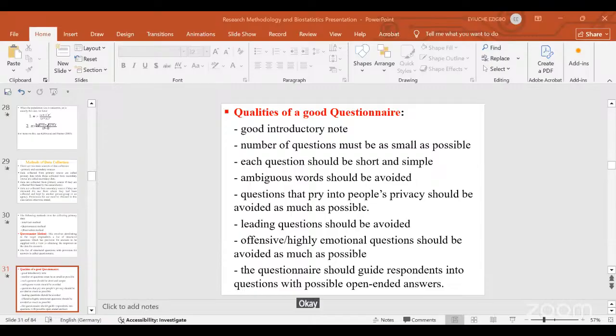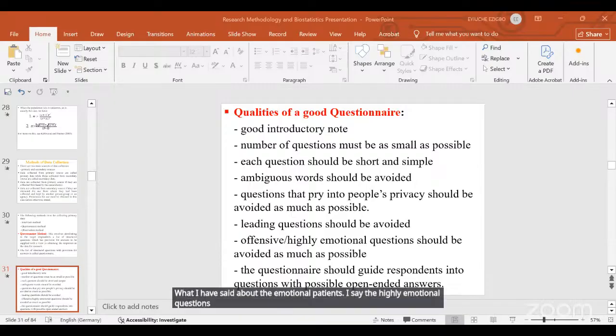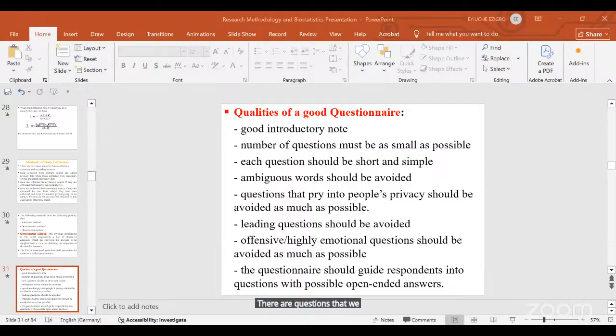What I have said about emotional questions, I said highly emotional questions. There are questions that we know call for what? Emotions. While there are some that somebody may be emotional about, but ordinarily it is not regarded as highly emotional.